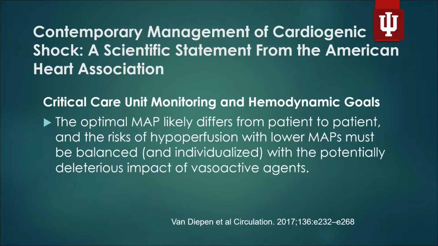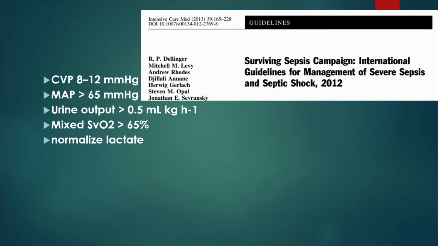So I went to the guidelines on septic shock, and the contrast was striking in the clarity and specificity of recommendations. Reading from the Surviving Sepsis International Guidelines, hemodynamic goals: CVP 8 to 12, MAP greater than 65, mixed venous saturation greater than 65, normalized lactate, urine output.